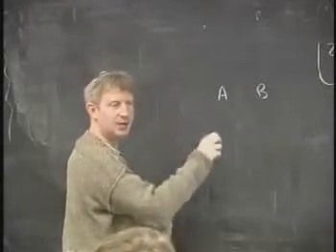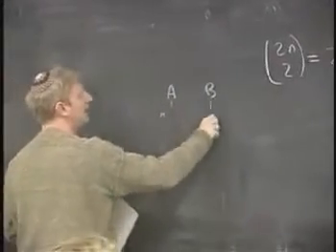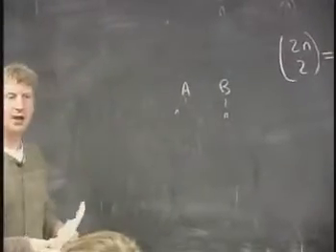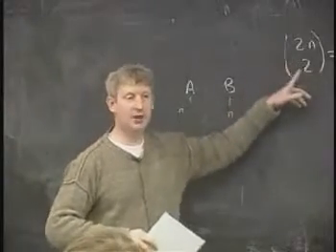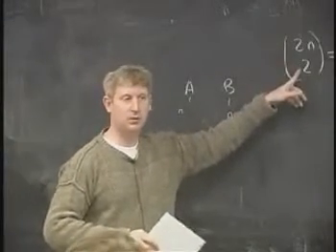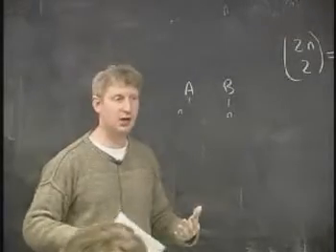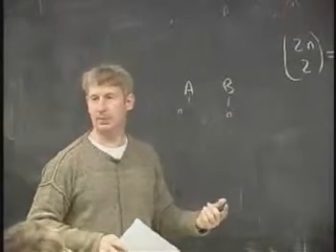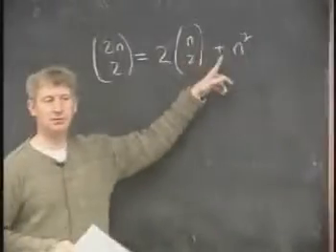And each of A and B has how many things in it? N elements here, N elements here. And I have to choose 2 things out of these 2n things. That's 2n choose 2. Now I'm going to show you another way of thinking about how to choose 2 things from an even number of elements. And that second way will be equivalent to this.